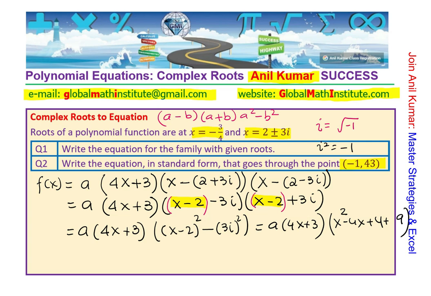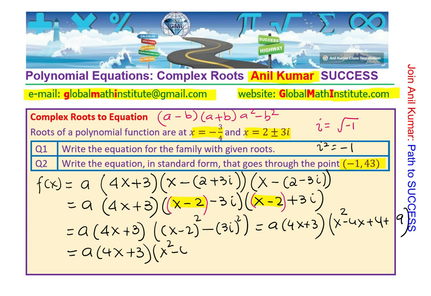So negative 1 times the negative gives you positive; 3 squared is 9. Perfect. So this gives you a times 4x plus 3 times x squared minus 4x plus 13, since 4 plus 9 is 13. That becomes the general equation in factored form for the given roots. So that helps us answer the first part of this question.